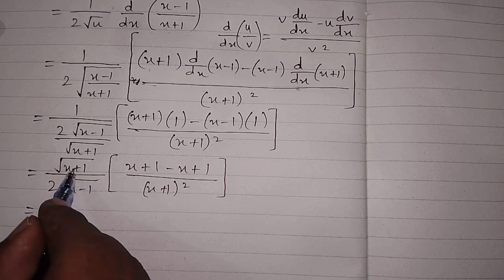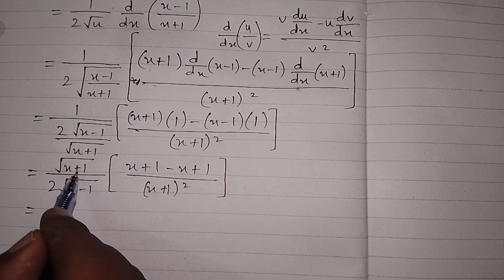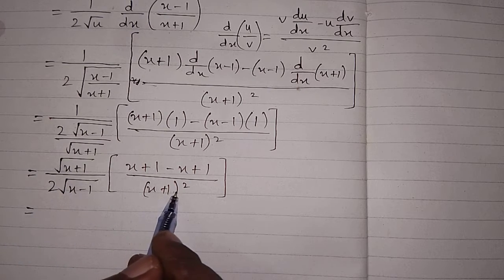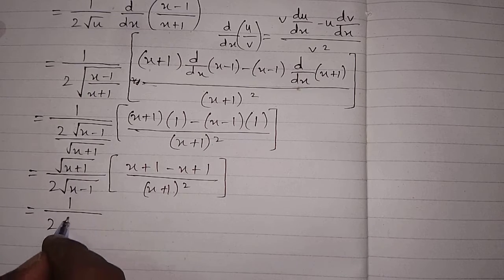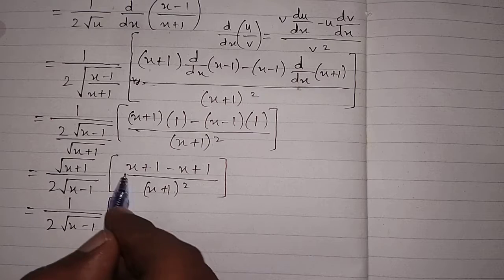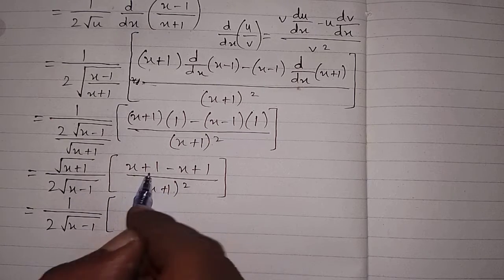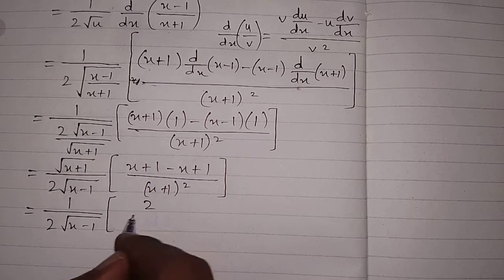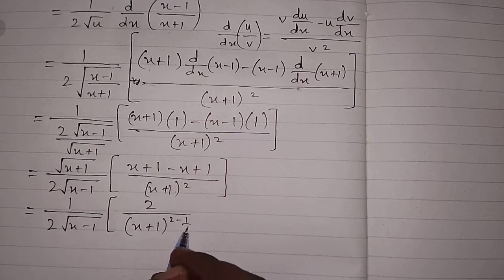Now we can subtract the powers of x plus 1. Here the power of x plus 1 is 1 upon 2 and here the power of x plus 1 is 2. So we will write 1 over here and then 2 upon square root of x minus 1, and here x minus x is 0 and 1 plus 1 is 2, and here we will write (x plus 1) to the power 2 minus 1 upon 2.